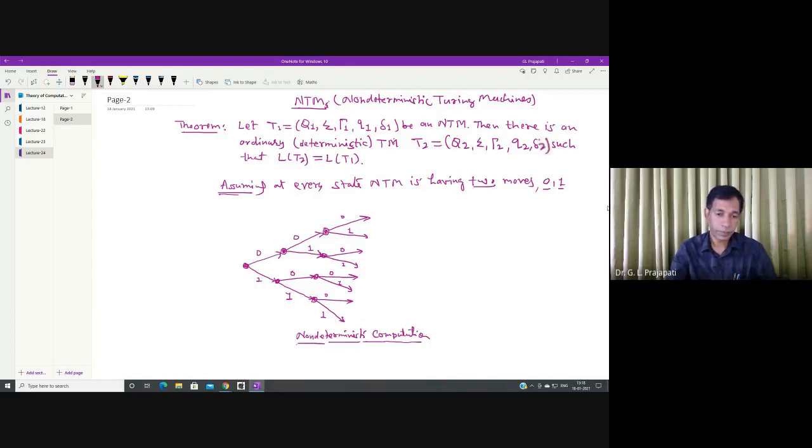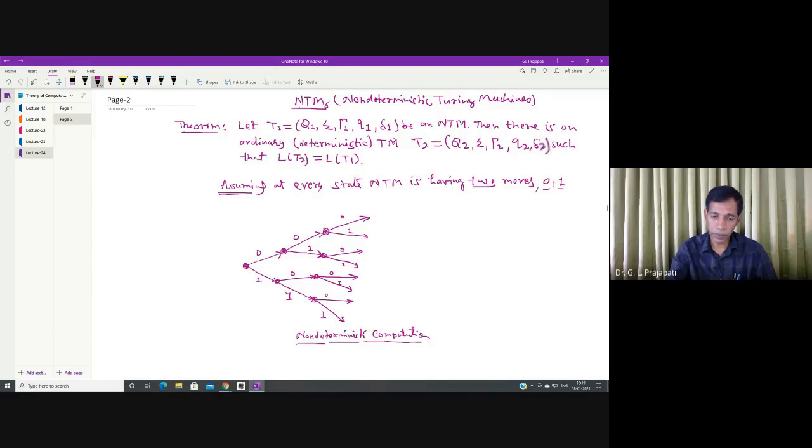So here the machine has two choices. Either it can make the 0 move, or it can make the move number 1. Here also it can have the move number 0, or it can go for move number 1. So these are the choices, and if your NTM is following this choice, say it is executing the move number 1, then once it is at this place, it is going to execute the move number 1 again.